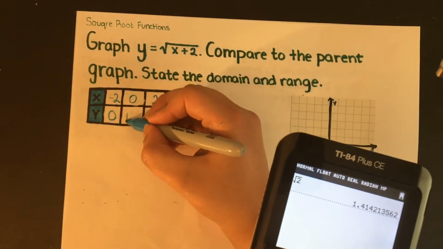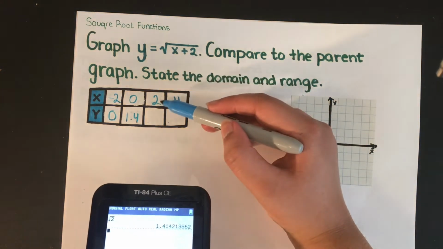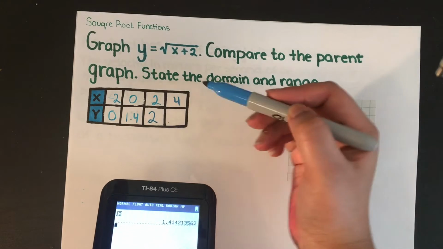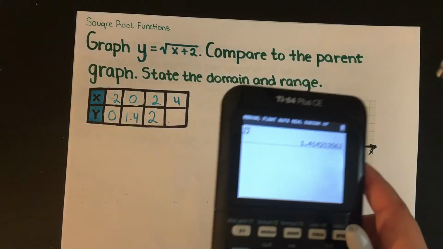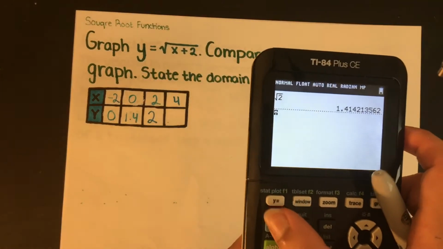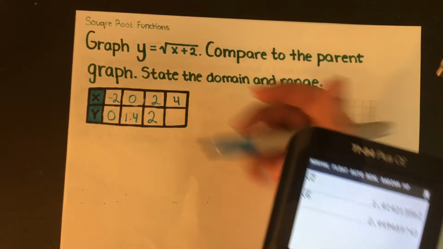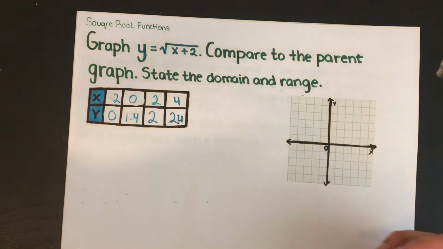So we're going to write 1.4 right here. Now, 2 plus 2 is 4. The square root of 4 is 2. And finally, 4 plus 2 is 6. The square root of 6 is 2.4. So let's graph those.